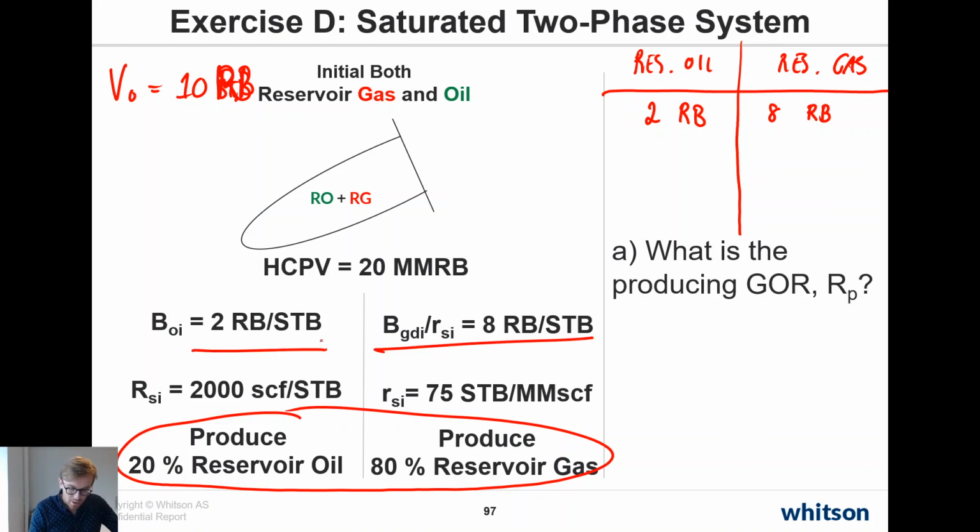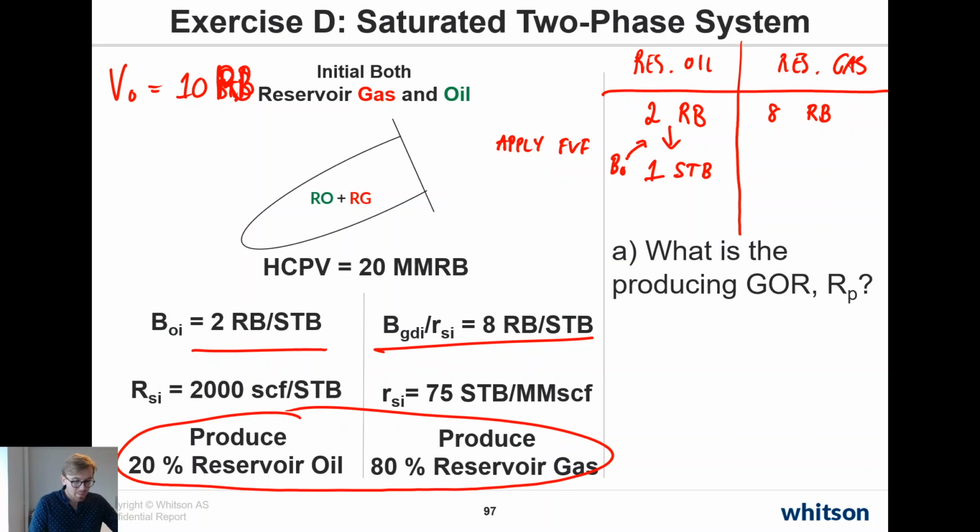If we apply the Bo, then 2 reservoir barrels divided by 2 reservoir barrels per stock tank barrel results in 1 stock tank barrel. Agreed? So here we applied the Bo.